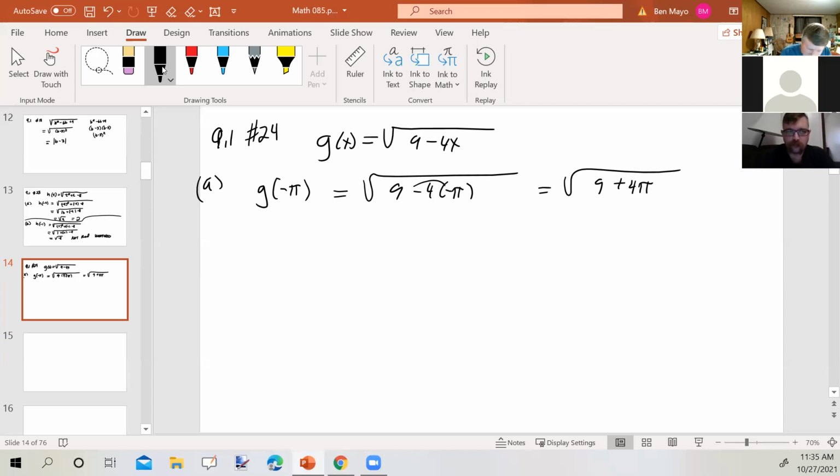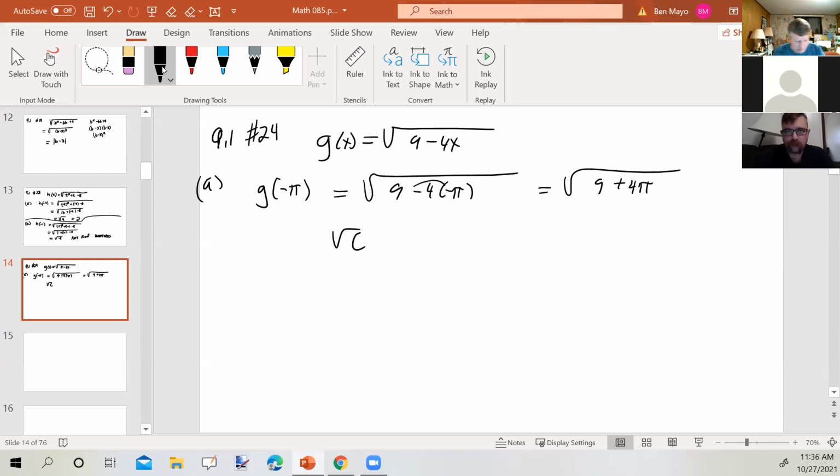So going to the calculator, I'm going to put in second, and the square root, which gets me that, 9 plus pi. And as we talked about, pi is over here on this column.